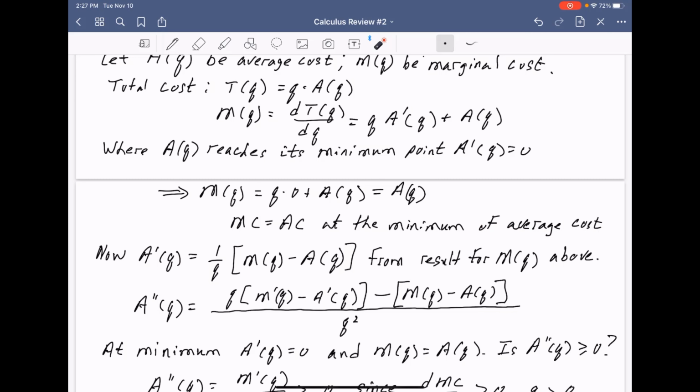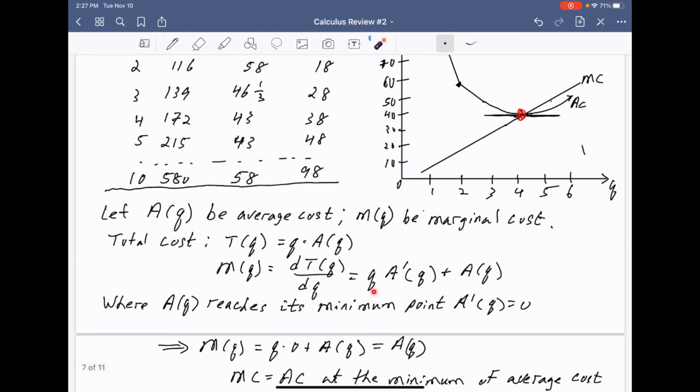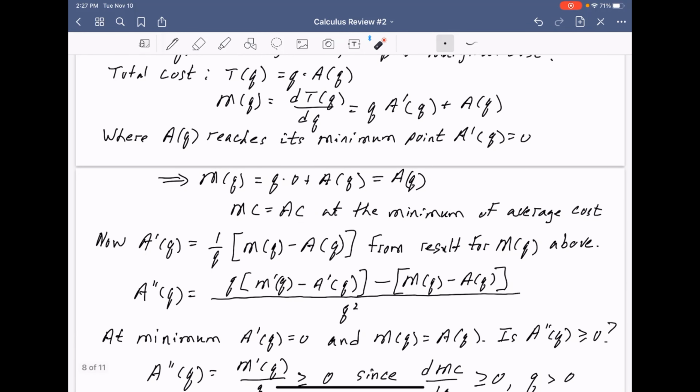Now, take the first derivative of average cost, and we get 1 over Q times, in square brackets, marginal cost at Q minus the average cost at Q, which is from this result up here, this equation here. So we take the second derivative, and we get Q times M prime, the slope of the marginal cost curve minus the slope of the average cost curve, both at Q, minus the marginal cost minus the average cost divided by Q squared.